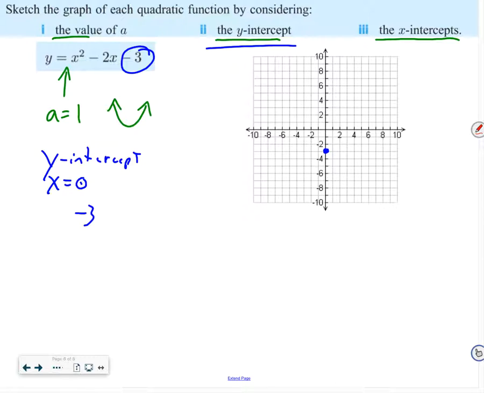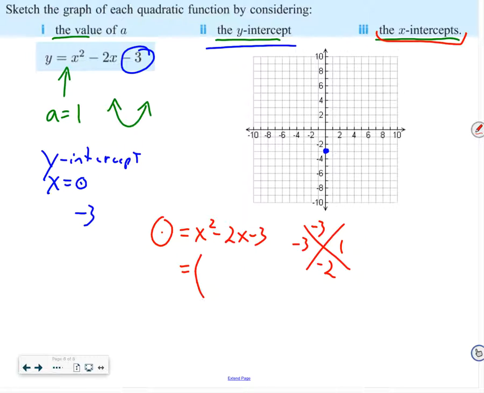Next thing I want to do is find my x-intercepts. So I'm going to set my y equal to 0. I get 0 equals x squared minus 2x minus 3. I'm going to see if I can solve this one by factoring. So I get -3 and 1. As I factor this, I get x minus 3 and x plus 1.